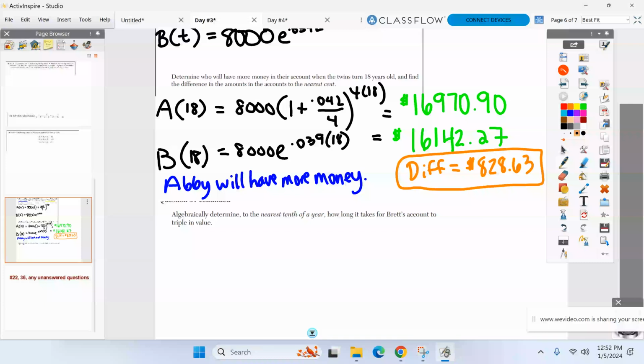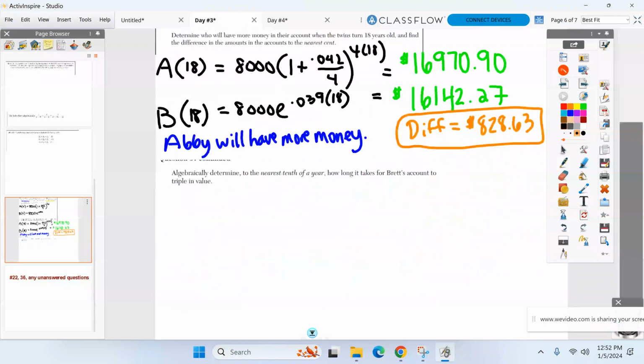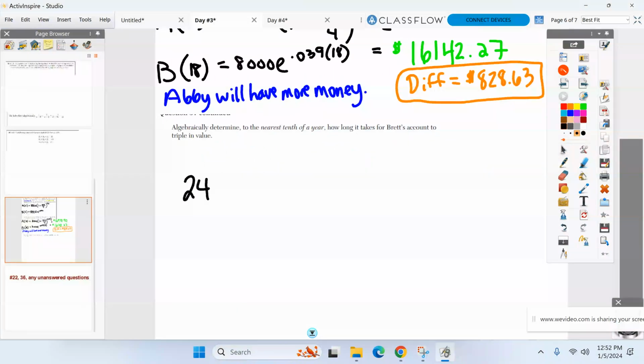All right, well, Brett's account started at what? 8,000. We want to know how long it's going to take to triple. So we're looking for when it reaches what then? 24,000, right? We want to know how many years is it going to take to make 24,000. And we're solving for T, which is time. When does it equal $24,000?